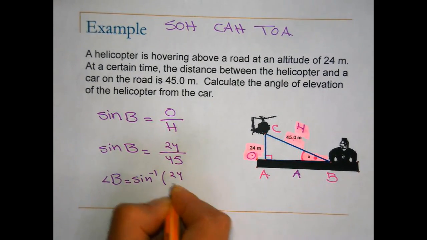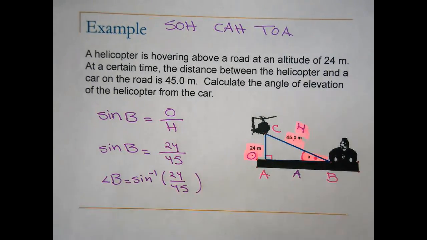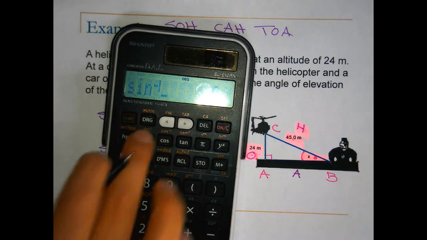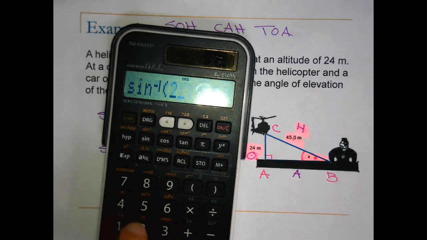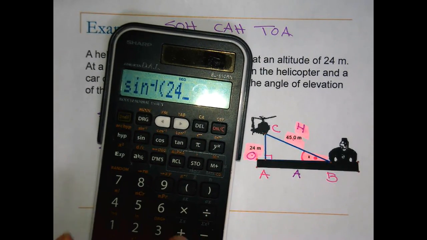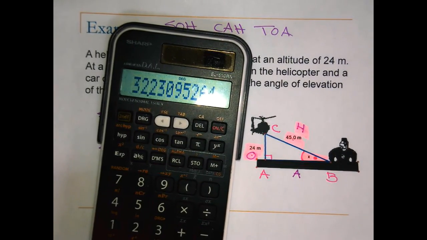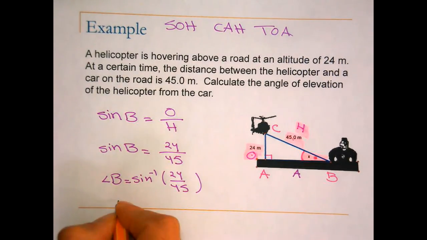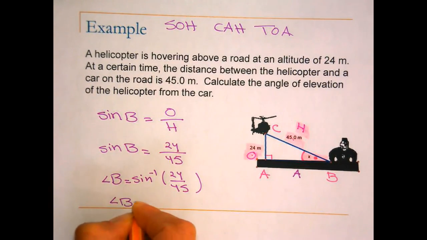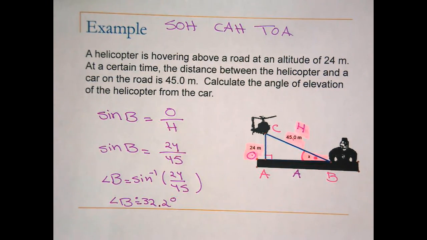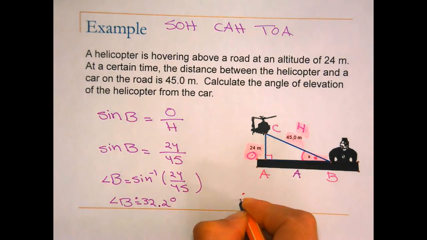So inverse sine of 24 divided by 45 is 32.2. So angle B equals approximately 32.2 degrees. And you're going to write your concluding statement.